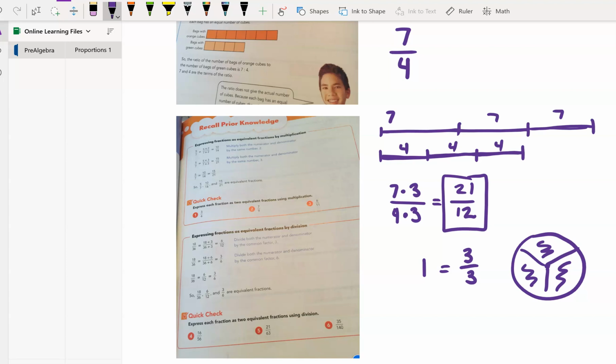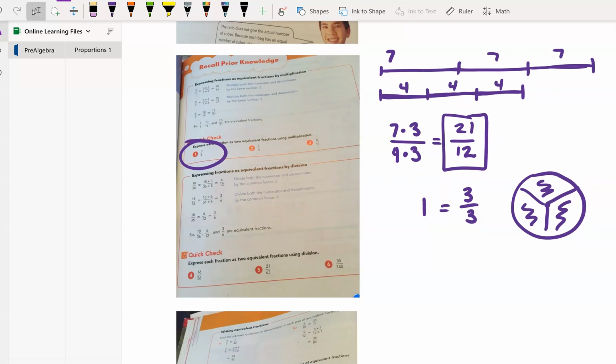And then right away, it looks like they're also having you work backwards with equivalent fractions. So let's take a look at this number 1 here real quick before we move on. We have 3/4, and if we multiplied that by, let's say, 2 on the top and 2 on the bottom, we multiply fractions straight across in the numerator, straight across in the denominator, and that's going to give us 6/8.